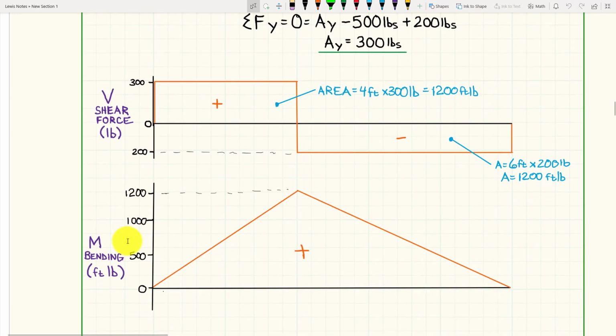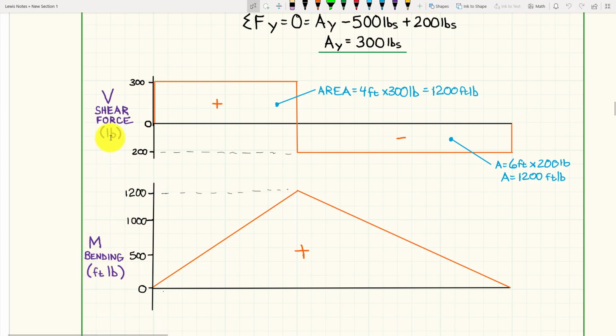Now, this is basically like calculus. We go from one degree of a curve to the next. We have a square profile, so the next profiles are going to be triangles that we have on this diagram. And so it's the next order of curves that we see. And what we're going to see here is basically the bending moment, and that's going to be in foot-pounds.